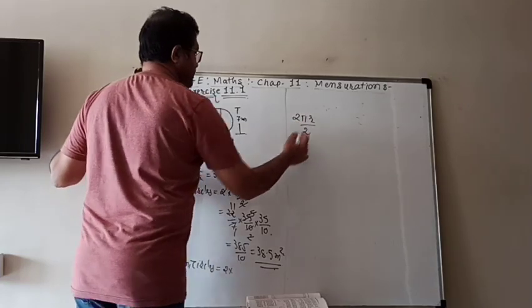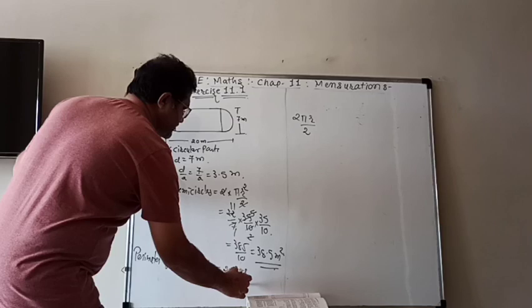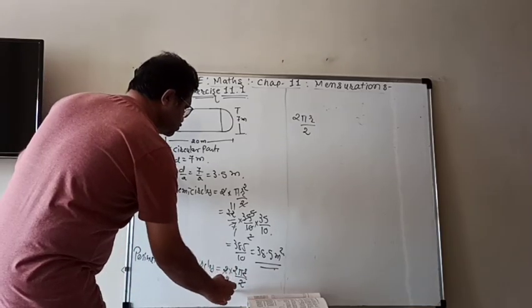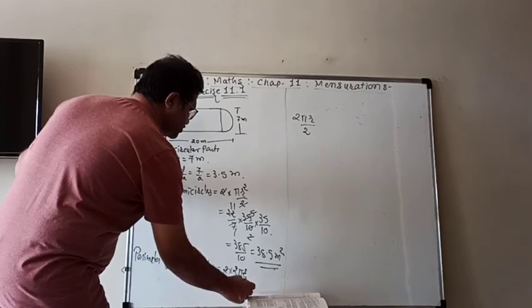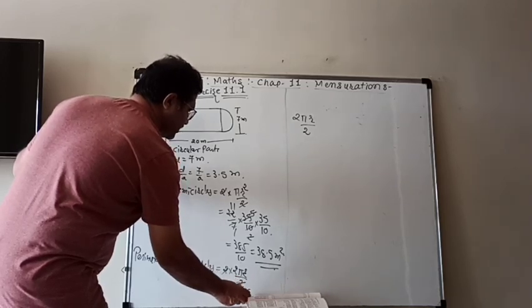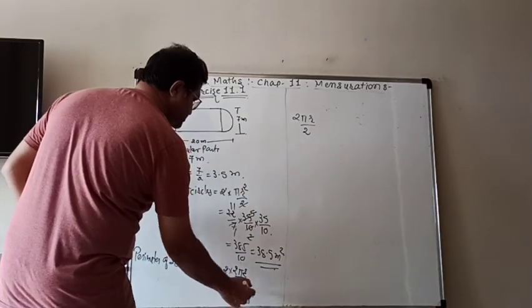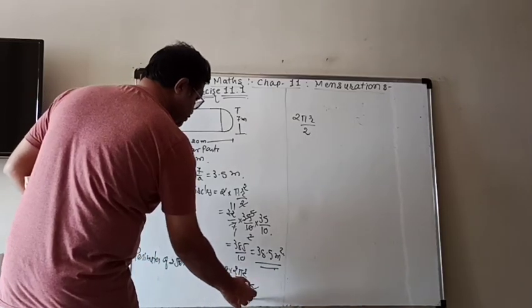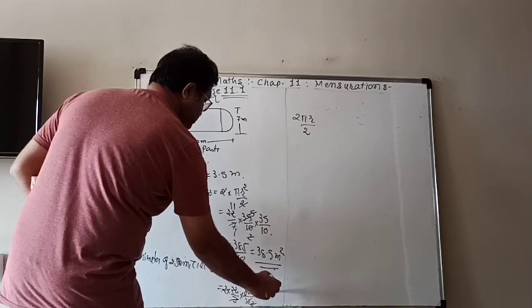So we have to divide by 2. So 2 into 2 pi r divided by 2. So that is 2 into 22 upon 7 into 35 upon 10. So when we do the cancellation, 7 5s are 35, 5 2s are 10, and 2 2s cancel. So that is 22 meter.